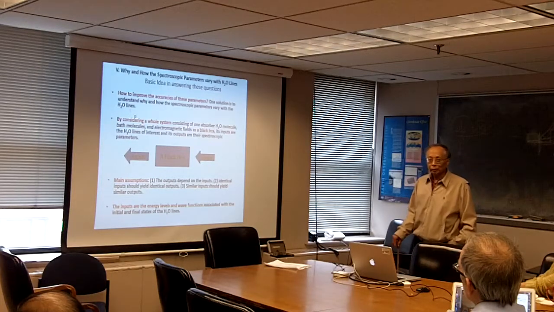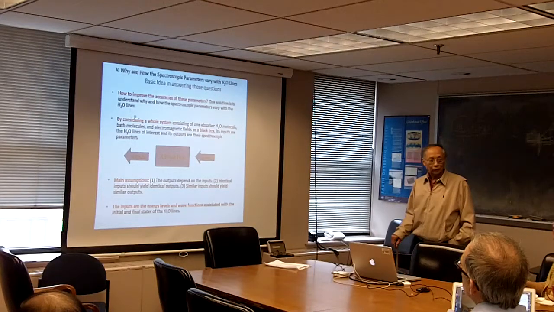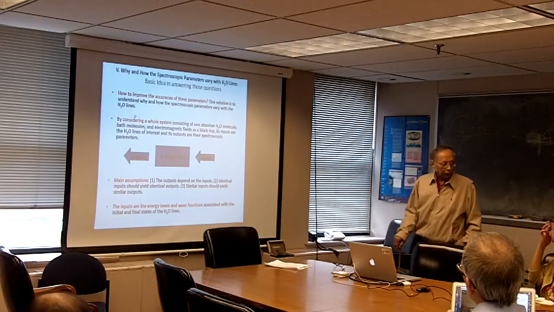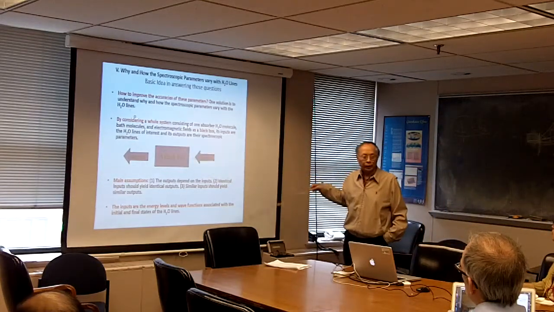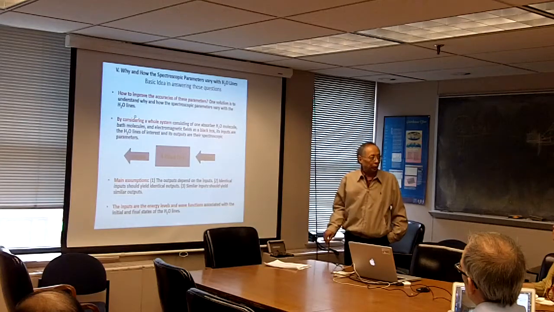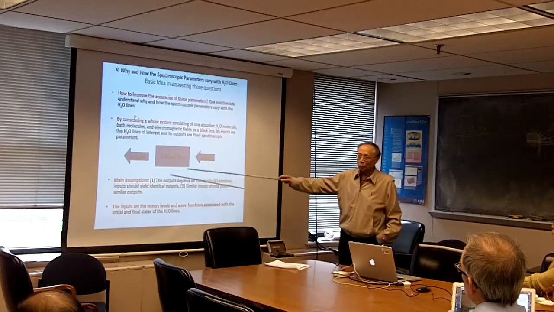My solution is that I consider the whole system as a black box. The system includes the absorbing molecules, the perturber molecules and the radiation field. We don't know what happens inside, whether theoretical calculation or measurement. We are only interested in input and output.